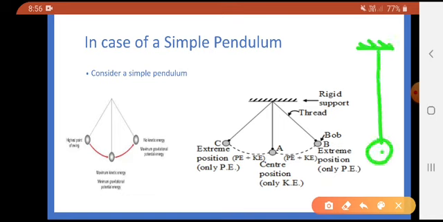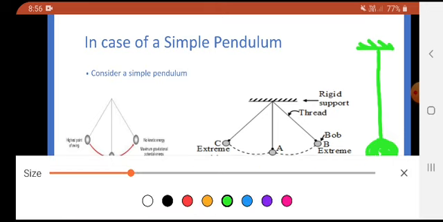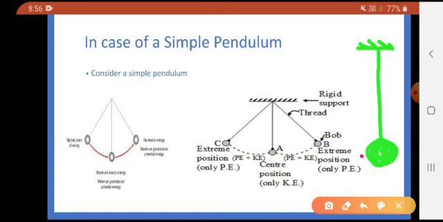Some mass is suspended from the support, then this is said to be a simple pendulum. The length from the midpoint of the bob to the supporting point is called the length of the pendulum, right?